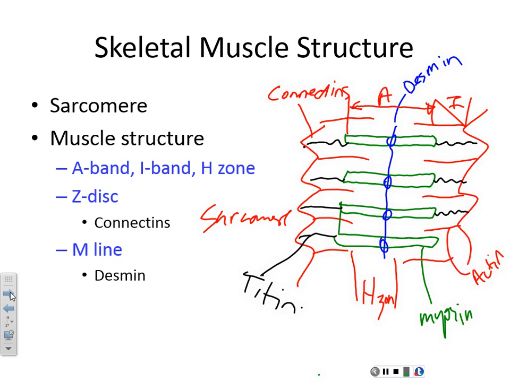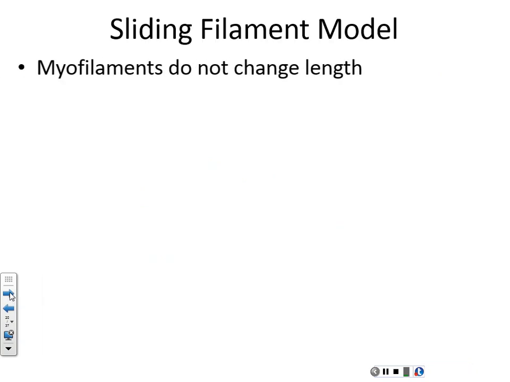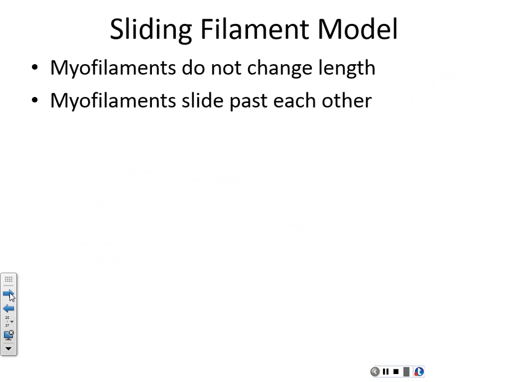Alright? You know the ones that get smaller and you know the ones that stay the same. So, the A band stays the same. It doesn't change length because it will simply be this anchored myosin. None of them change anything. They all stay the same. Okay, so, like I said, the myofilaments do not change in length, but they simply slide past each other.